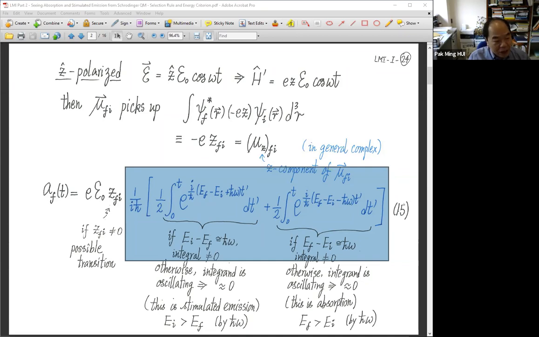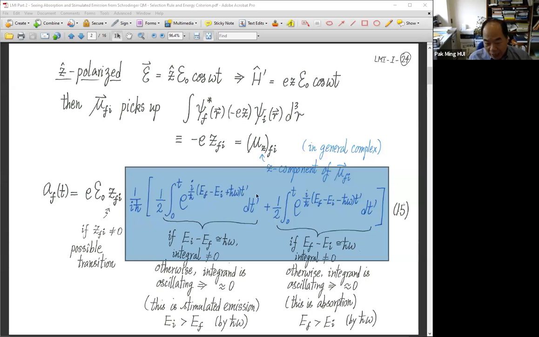Because this is really important. You understand? The field that goes in interacting is real, and therefore we have two terms.